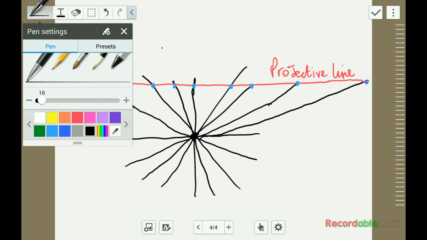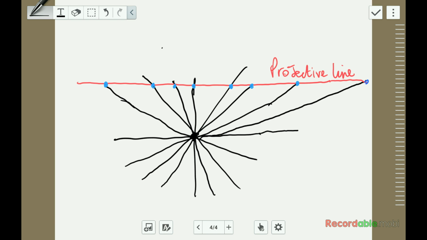What about this one here? Well, okay, conceivably this one, which by the way is the same as this line here, it's all one line. Conceivably this will intersect with the red line, you know, maybe a few miles to the right or many units to the right. But what about the absolutely horizontal line?